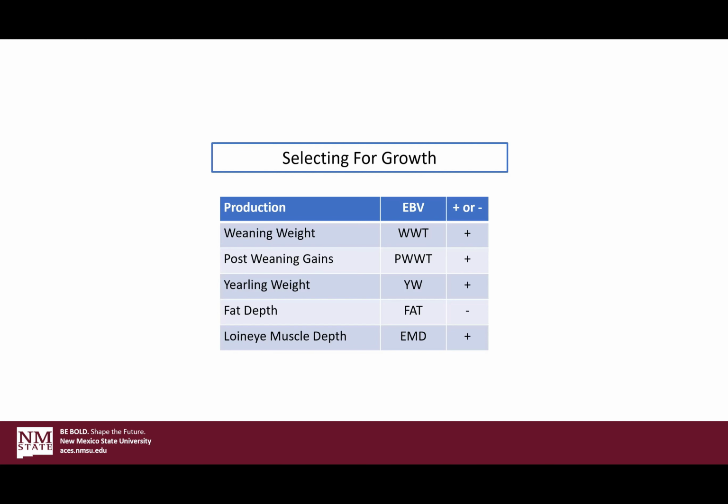I thought I saved it. Anyway, if you have a terminal cross plan, that means you don't keep any replacements back. You sell all lambs for meat product, and then you can focus on something like growth.